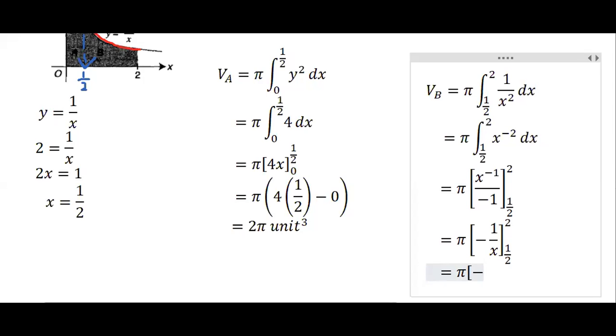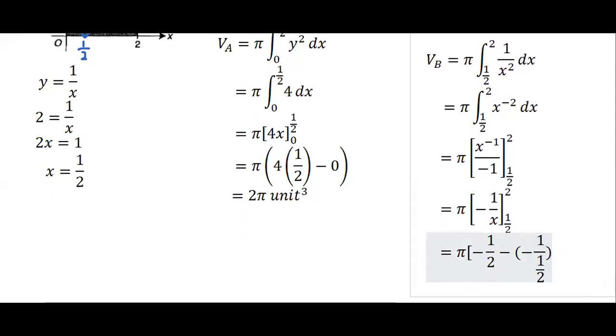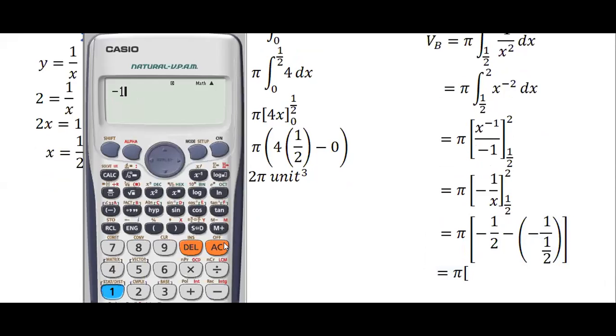First one, negative 1 per 2 minus negative 1 per 1 per 2. Okay, can you press your calculator? Negative 1 per 2 minus negative 1 per 1 per 2.